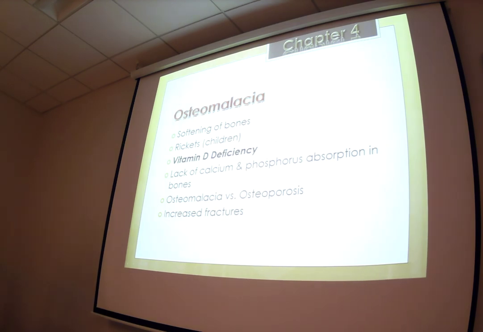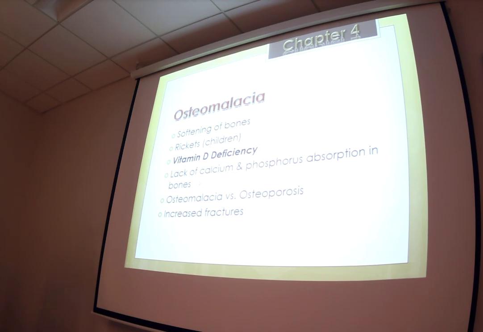Osteomalacia is essentially a lack of calcium and phosphorus absorption in the bones. The failure of that calcium and phosphorus to deposit in the bone matrix is usually affected by vitamin D absorption in the intestines. That lack of vitamin D is either a lack of vitamin D due to diet or the body's ability to actually break down and absorb and use the vitamin.